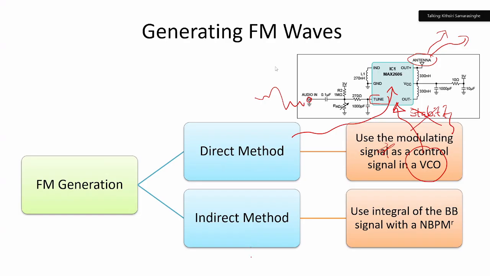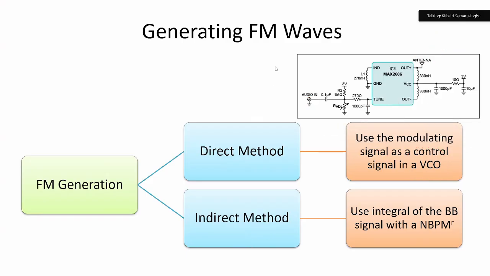Here in the indirect method, you can use crystal oscillators which have much higher stability and can meet the broadcast kind of stability requirements. So the indirect method is more popular most of the time, unless it's a very short range application. Is it clear what the two methods are, direct method and indirect method?